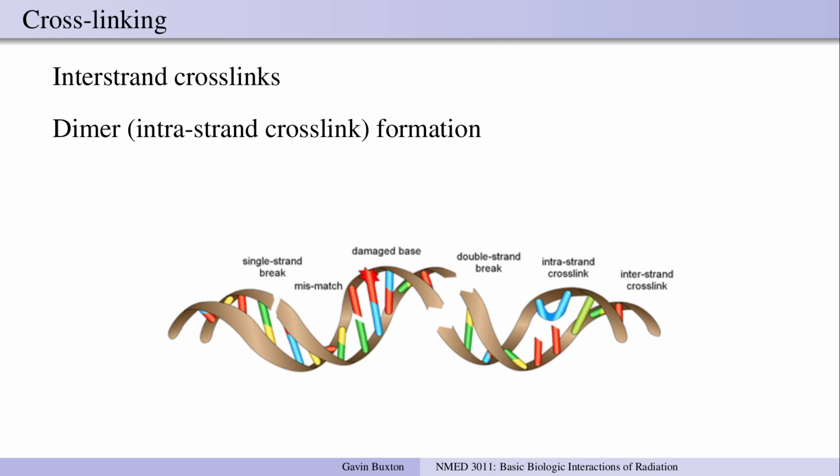Or an interstrand cross-link can be produced between two complementary DNA strands, or even between completely different DNA molecules. It's not clear how important this is in terms of the biological effects, and it is believed that this damage is probably repaired.